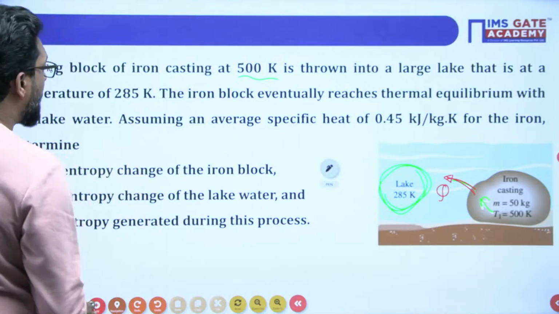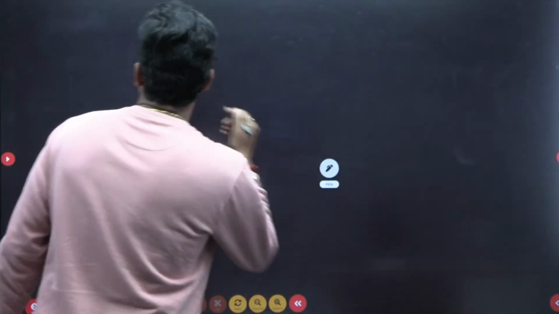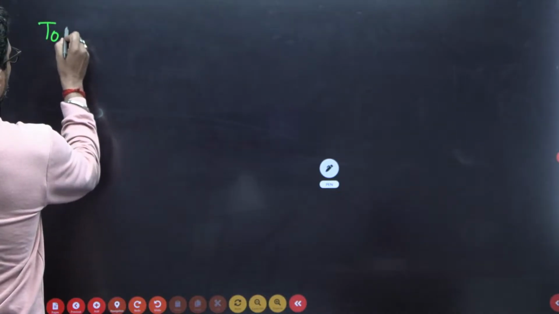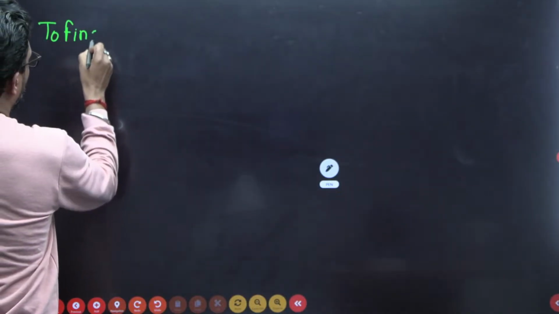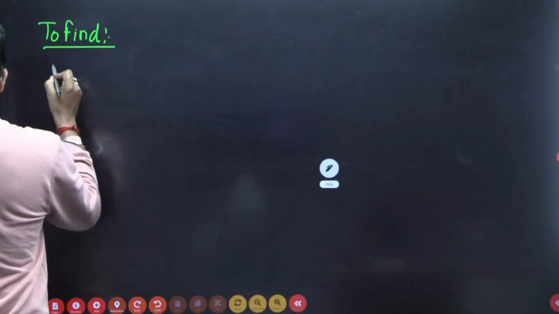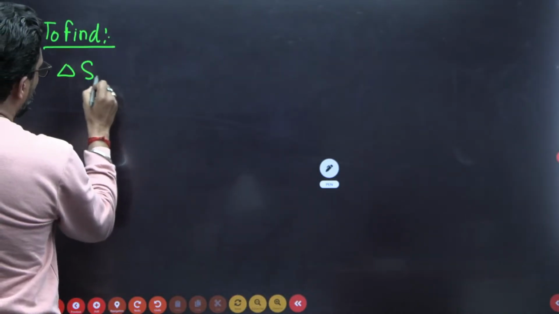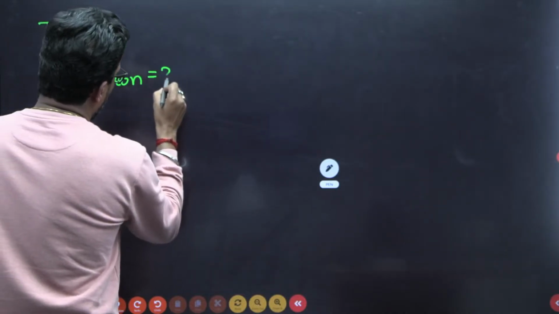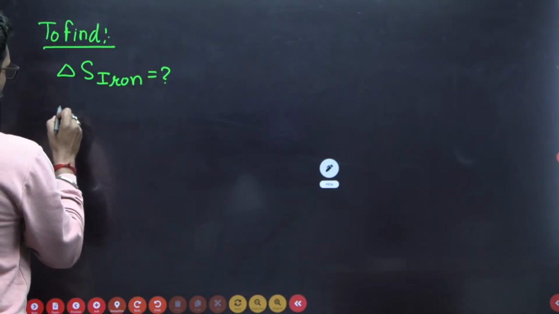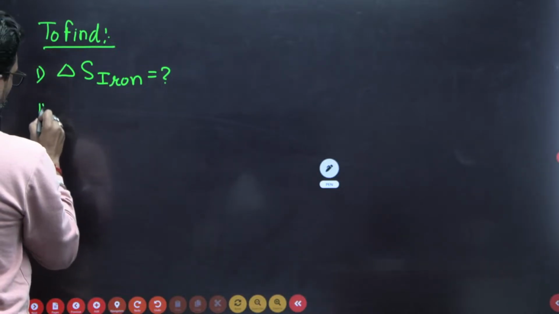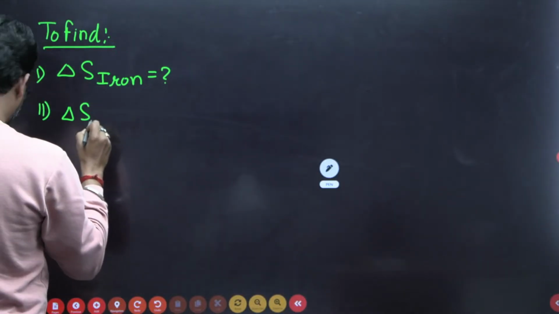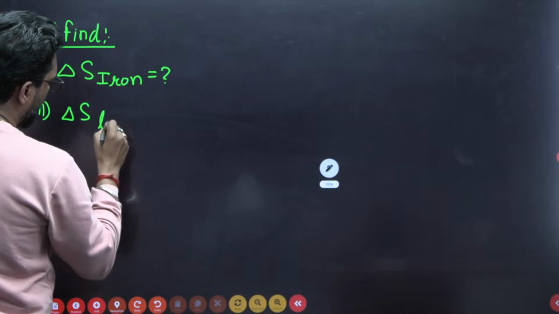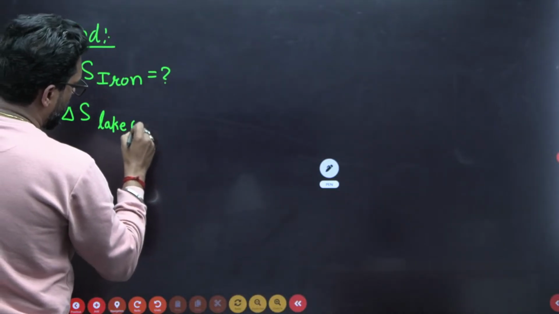So, what do you have to find? First, delta S of iron. Second, delta S of lake water.